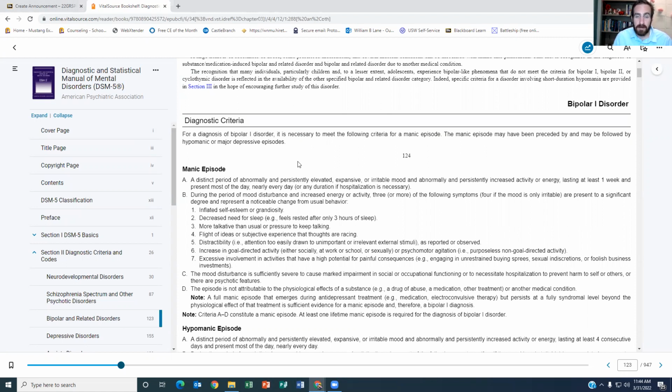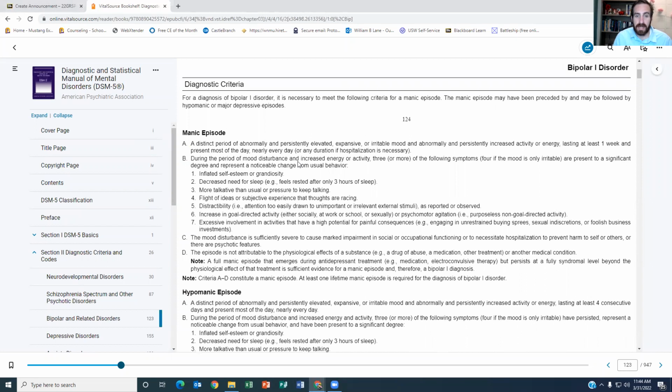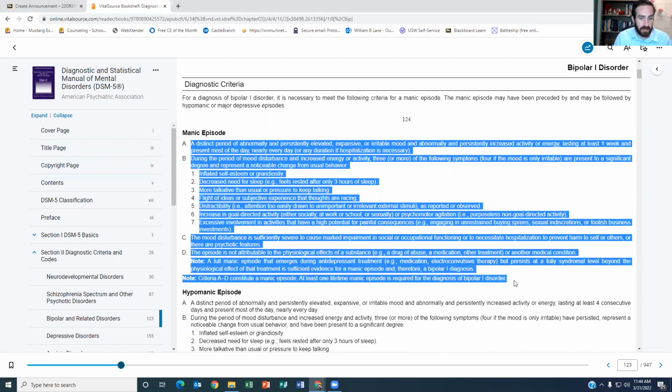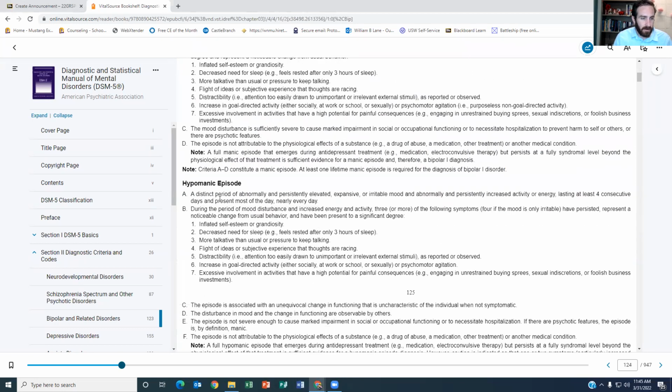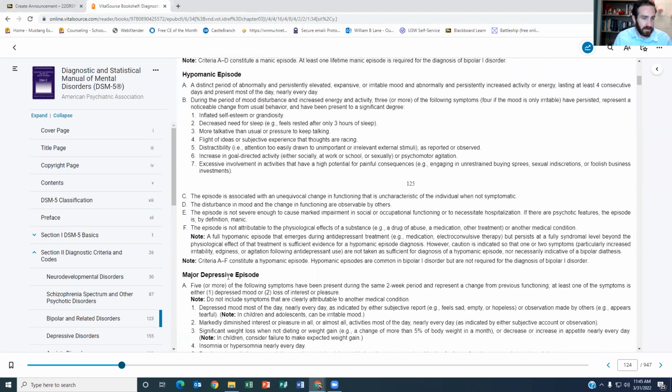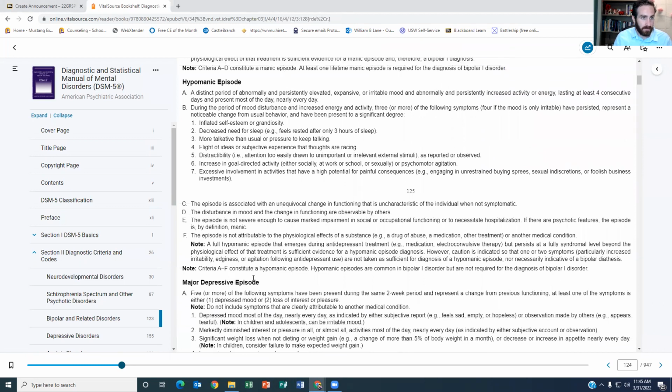So right there, you understand that in order to diagnose as bipolar 1 disorder, the person has to have had a manic episode. And right here is the description of what the manic episode is. As you go further, you see hypomanic as well as major depressive episode.